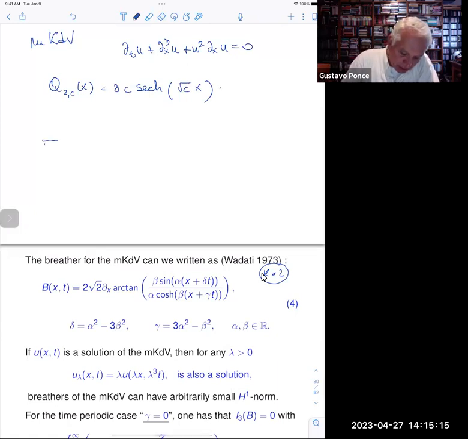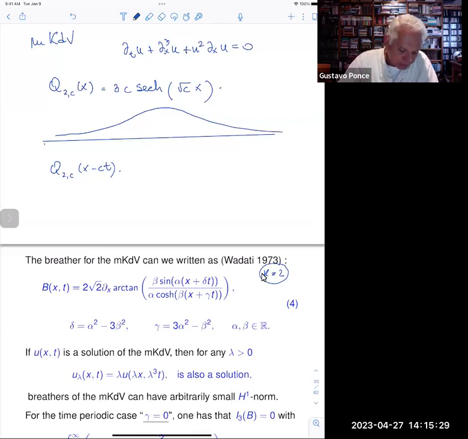That means that the solution looks like this. Okay, and then the traveling wave really is this one. Okay, then this is a traveling wave.